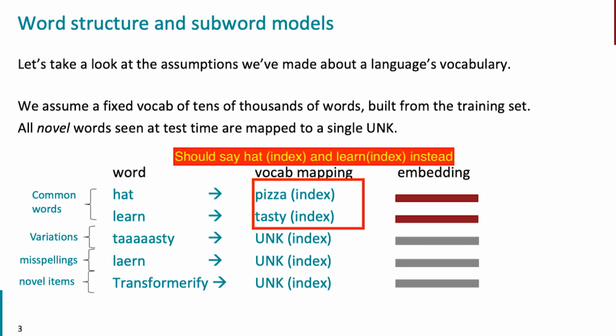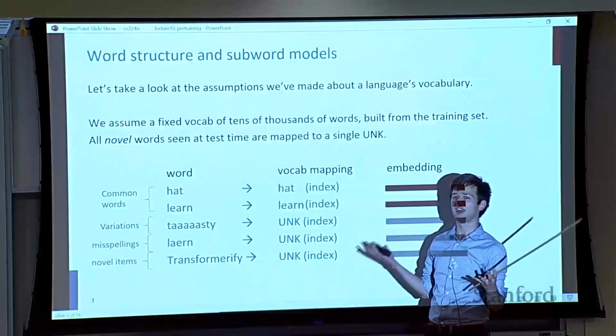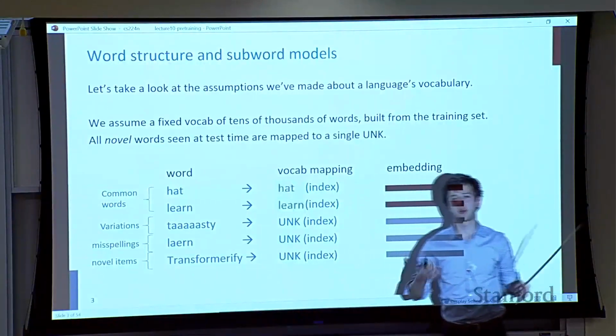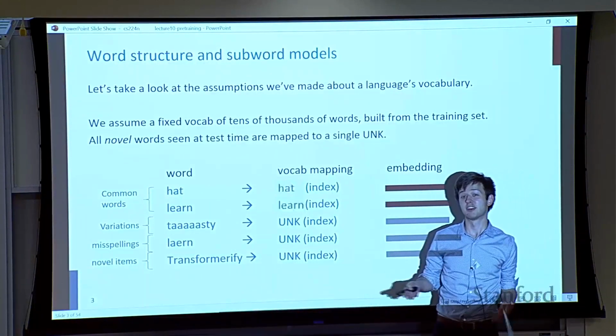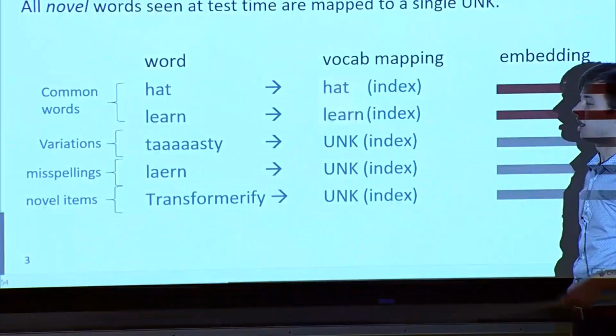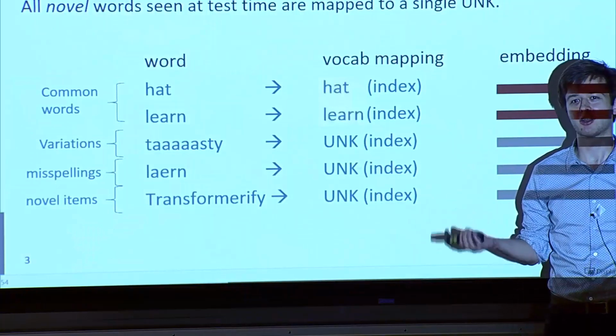So let's walk through what this means in English. You learn embeddings, you map them, it all works. Then you have a variation on a word like tasty with a bunch of A's. Right? And your model isn't smart enough to know that that maybe means very tasty. And so it maps it to UNK because it's just a dictionary lookup miss.